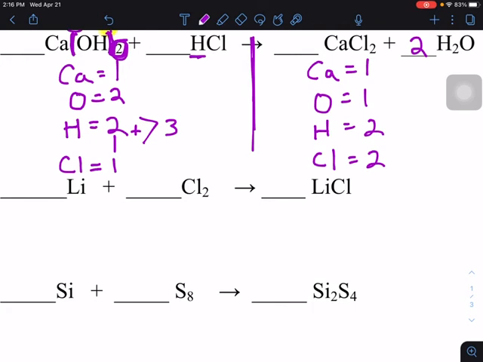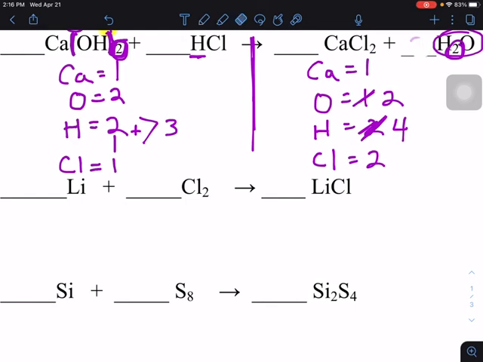That will change our oxygen. 2 times 1 will give us 2 oxygen over here. That'll balance that. But it also changes the hydrogen, because we've got H2O. We've got 2 times 2 for the hydrogen is going to give us a change from 2 to 4 hydrogen.